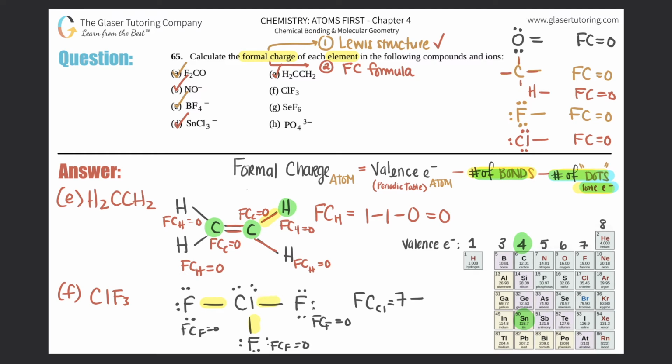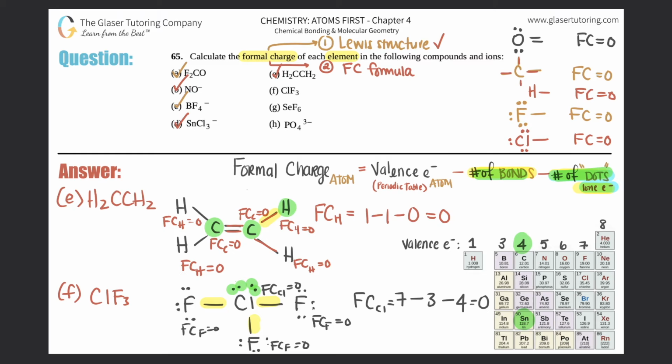Chlorine has 3 bonds attached to it, minus the number of dots, 1, 2, 3, 4, not lone pairs. You don't take it and say that there's 2 lone pairs. You actually count how many dots. So there's 4 dots, 4 lone electrons. So 7 minus 3 minus 4 is 0. So this chlorine would also be 0.